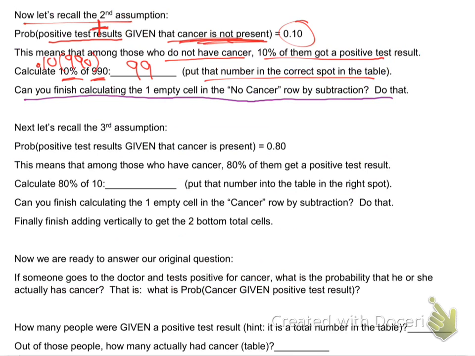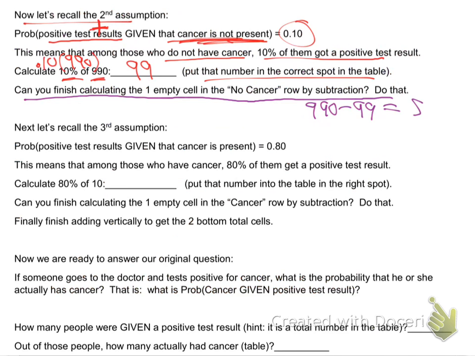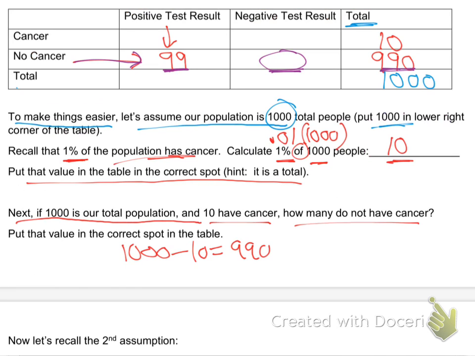So we go 990 minus 99. 891? Is that what it is? 891 must go here. That must mean there were 891 people who got a negative test result and had no cancer, because we know there were 99 that got a positive test result and had no cancer.